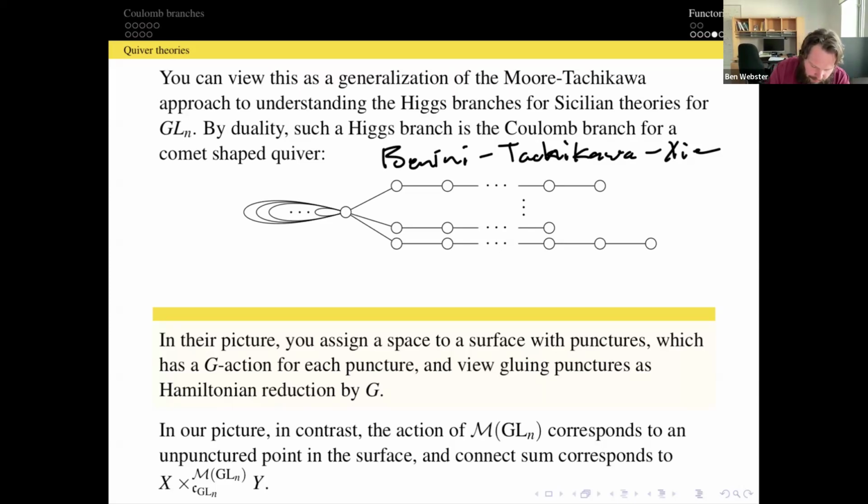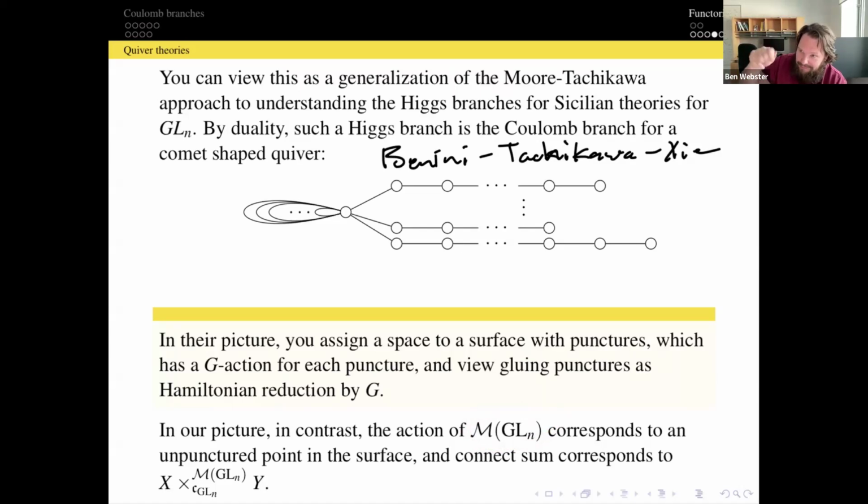I just want to mention, if you read this Moore-Tachikawa paper, they have this idea of a TQFT in the category of spaces with boundary components corresponding to G actions. When you want to glue two boundary components, you have to reduce by the action of G. So in our picture, the action of this MGLN, and we're talking about GLN here, though we could generalize this to other groups, corresponds to having an unpunctured point in the surface.